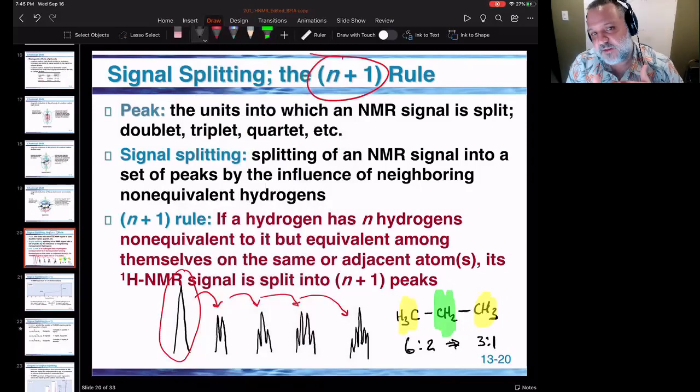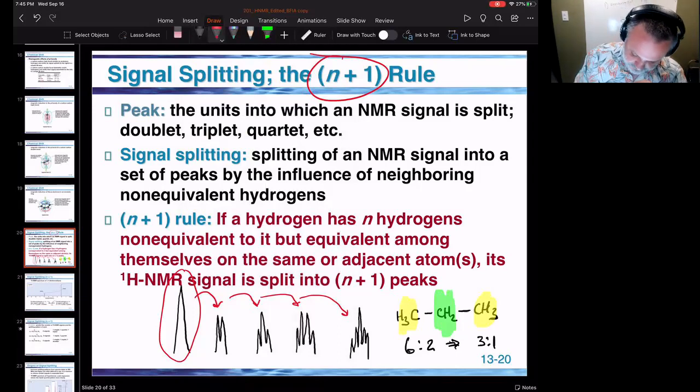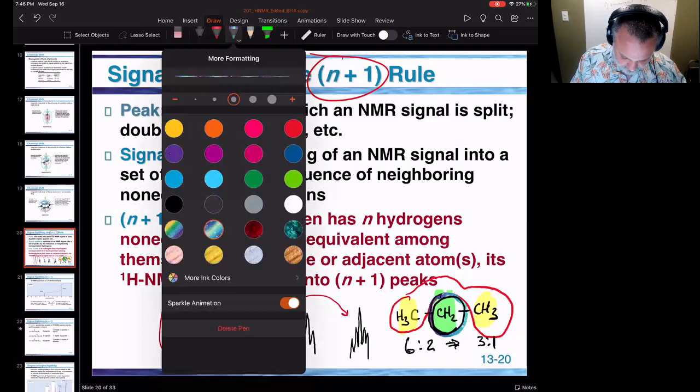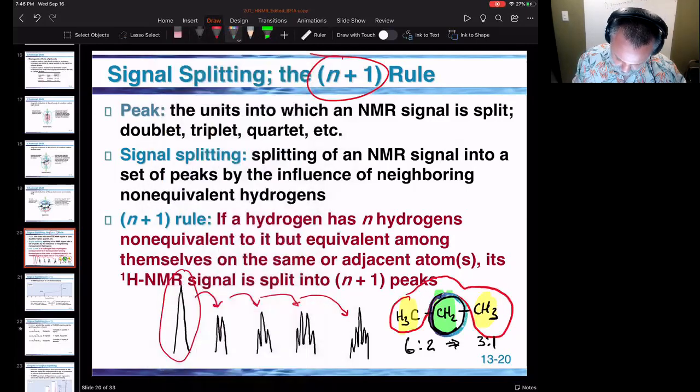Now let's think about the splitting, right? Let's take a look at the splitting. What we're saying is that the hydrogens that are giving this signal will be split by those hydrogens. And then accordingly, the hydrogens giving this signal will be split by those hydrogens.